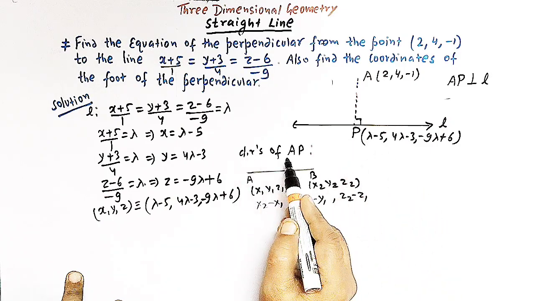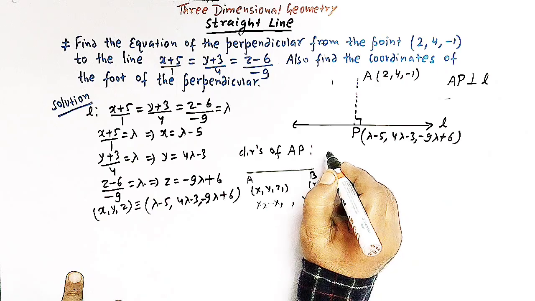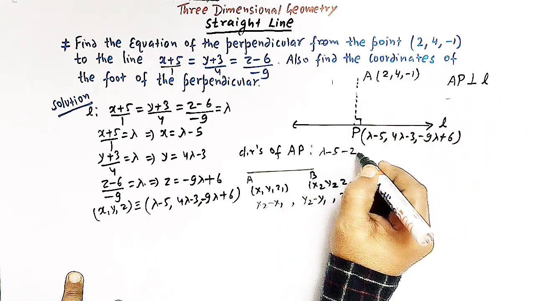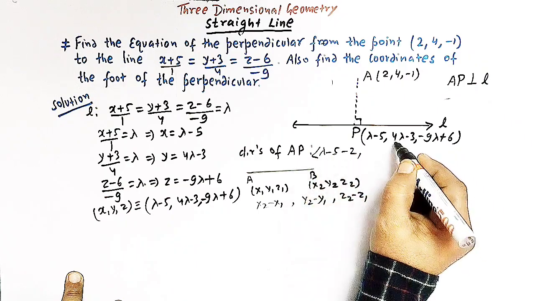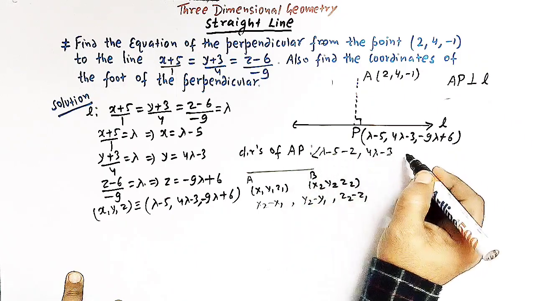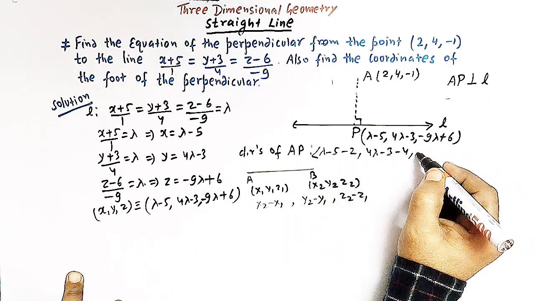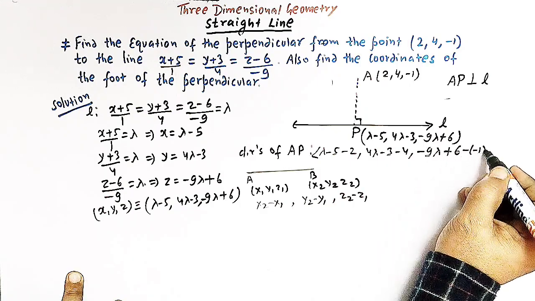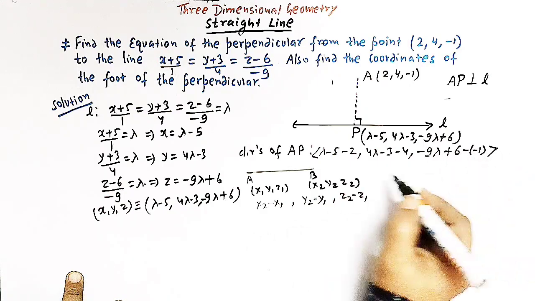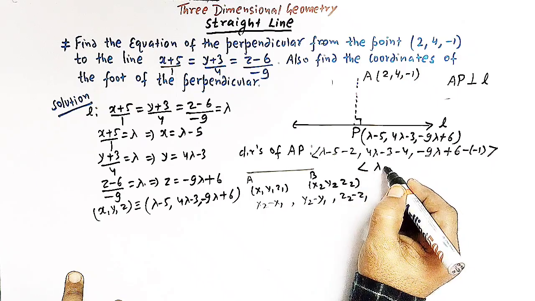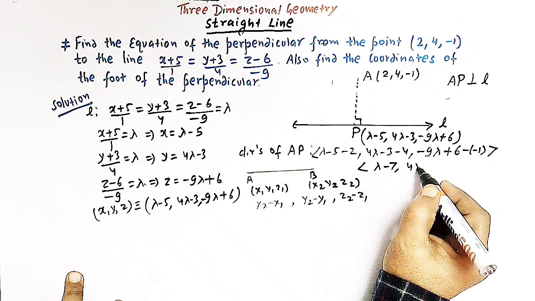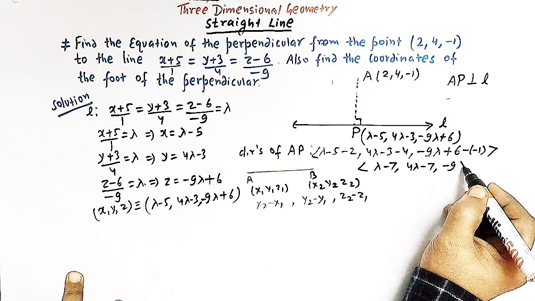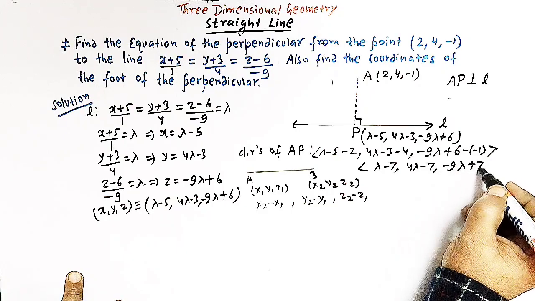So the direction ratios of AP are given by lambda minus 5 minus 2, then 4 lambda minus 3 minus 4, and then minus 9 lambda plus 6 minus 1, right? So we can now write lambda minus 7, then 4 lambda minus 7, and then minus 9 lambda plus 5.